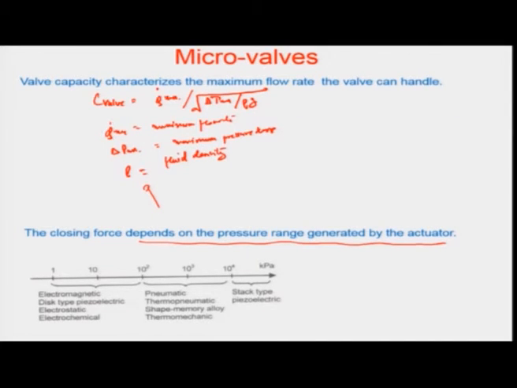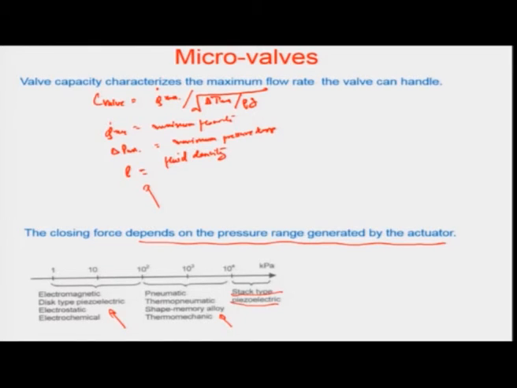There can be very high pressure stack-type piezoelectric actuators, which would generate some actuation, or there can be relatively low pressure pneumatic, thermopneumatic, shape memory alloy based thermomechanical options, and then there can yet be another kind of actuation principle, which includes electromagnetic, piezoelectric, electrostatic and electrochemical.